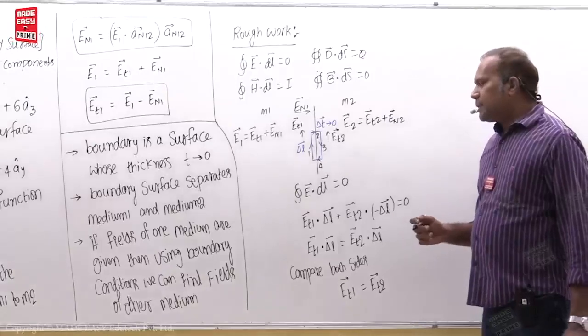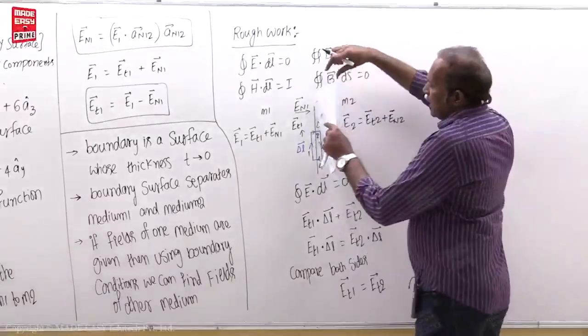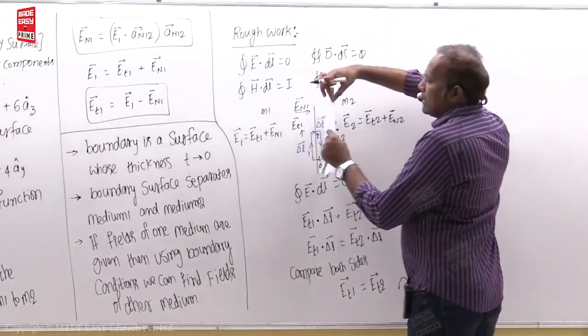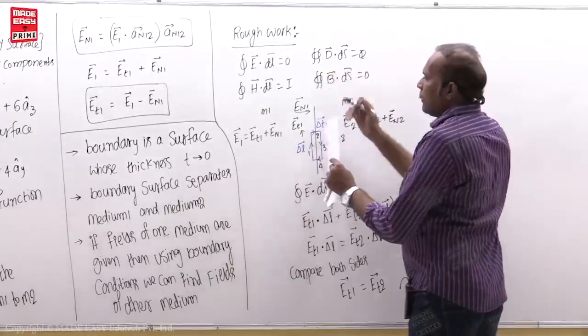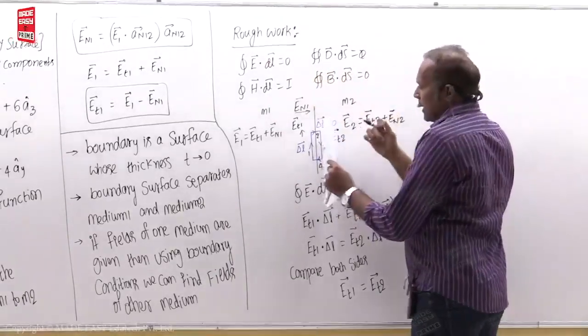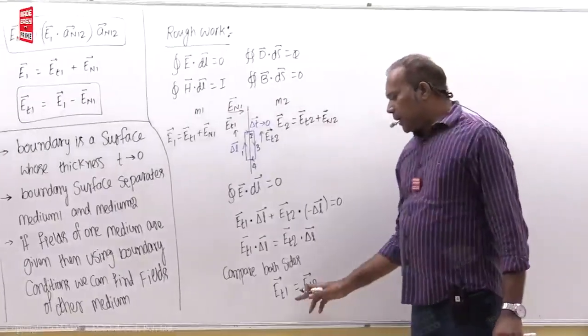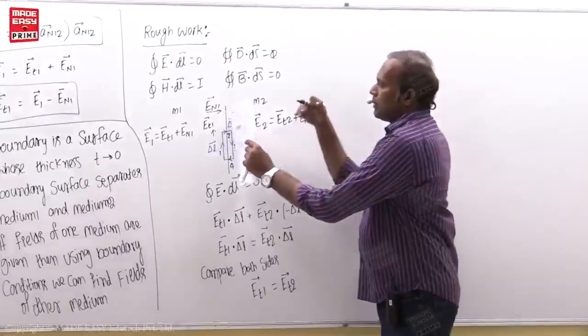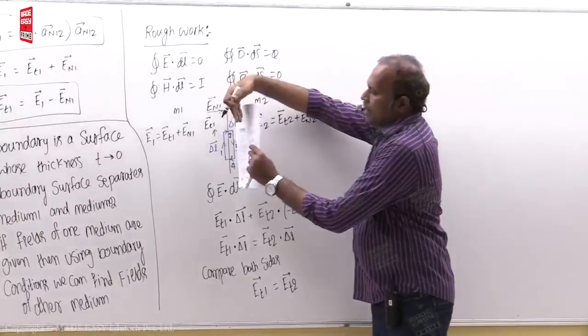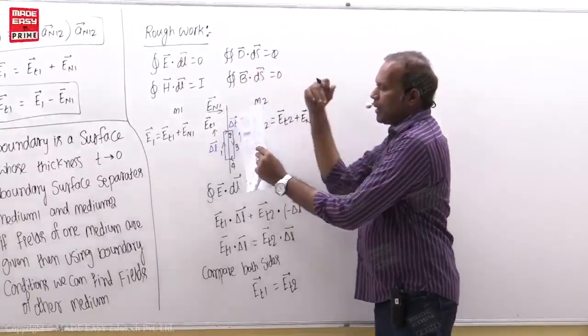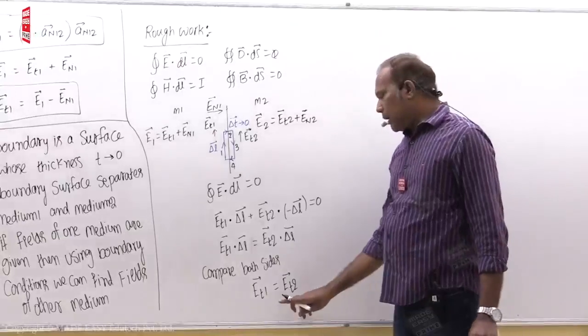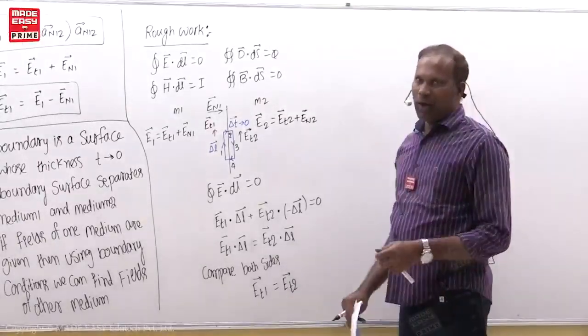In mathematics, in the zero thickness, that means the boundary thickness is zero, if the components on this side are the same, then you call them continuous. Continuous means this side tangential component and that side component are both equal. Continuous means equal, actually.